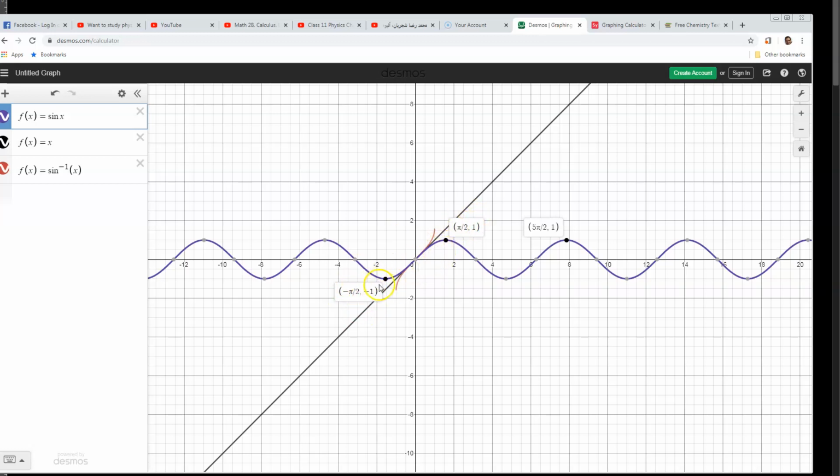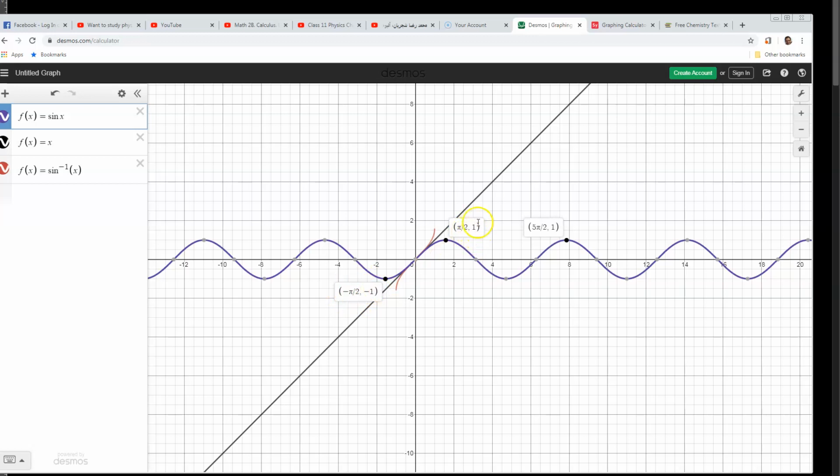If I take the function from this point all the way up to this point, the output of the function becomes -1 here and 1 over here.